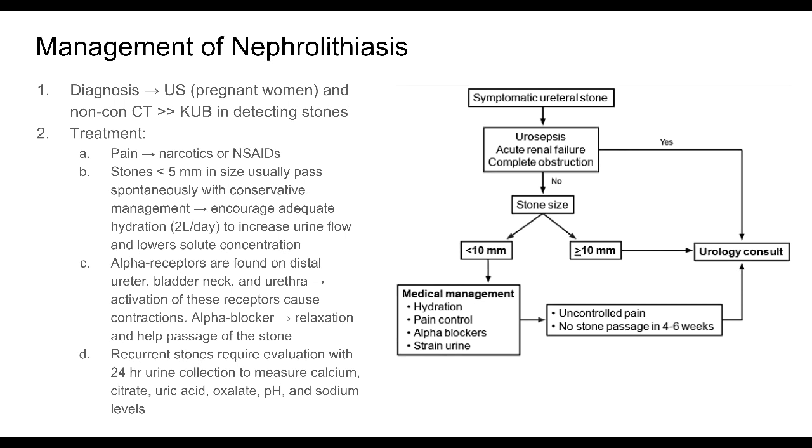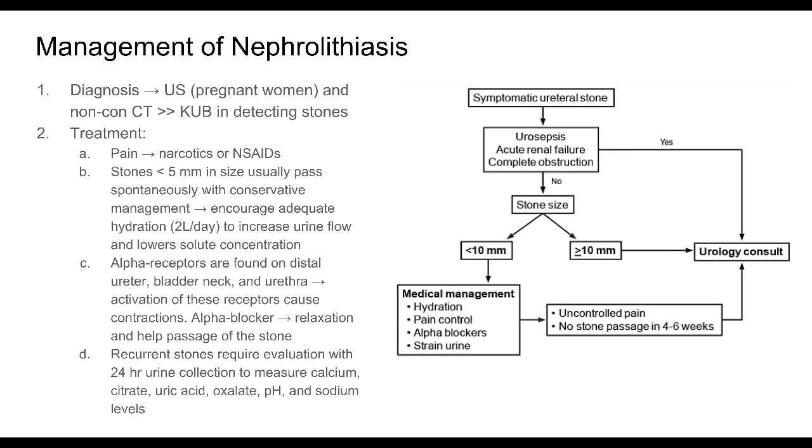So how do you treat it? First, the patient is really in pain, so you give them narcotics and NSAIDs to help with the pain. Then you look at the size of the stones. If the stone is less than 5 millimeters, most likely it will pass spontaneously. So all you need to do is manage the pain and tell them to drink more water to help pass the stone and to lower the chance of forming further stones.